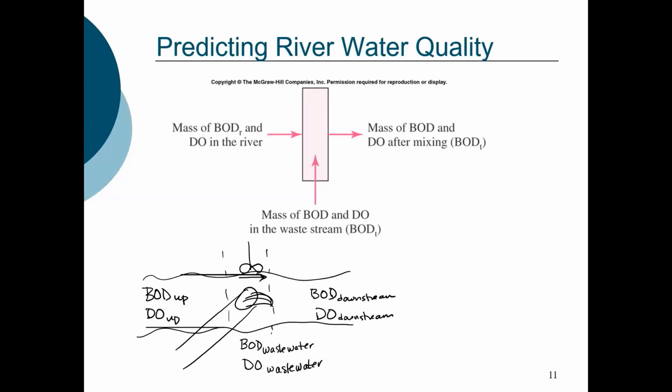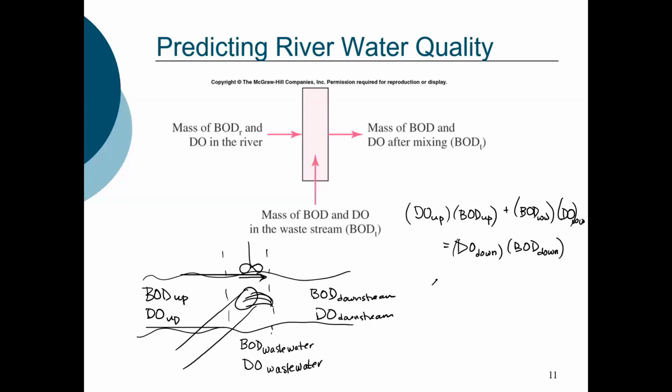And when we do this, we can write an expression that the dissolved oxygen upstream times the BOD upstream plus the BOD in the wastewater times the dissolved oxygen in the wastewater is equal to the dissolved oxygen downstream times the BOD downstream.